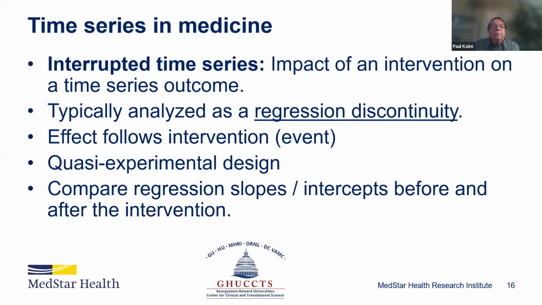If our trends turn out to be linear, then it's really easy, because all we need to do is compare either the regression slopes or the regression intercepts before and after the intervention.